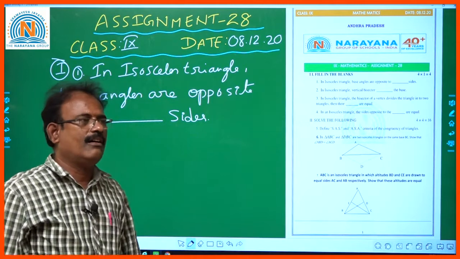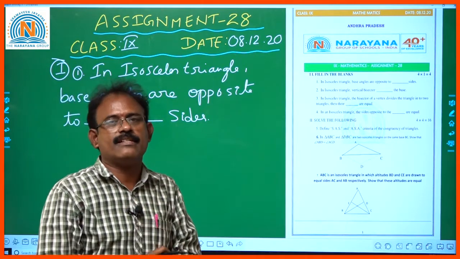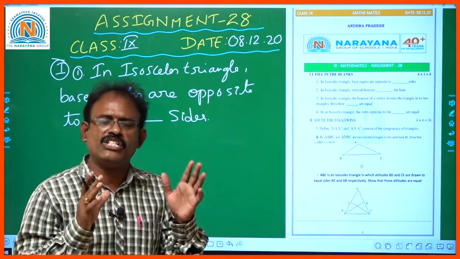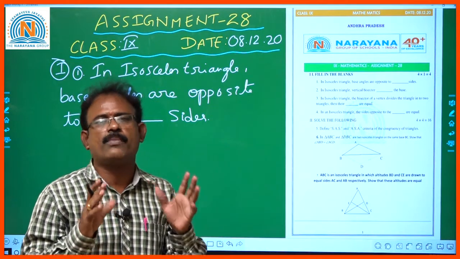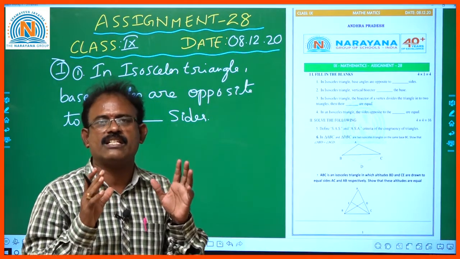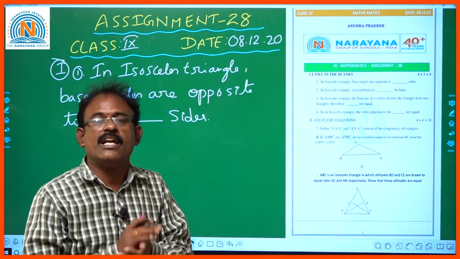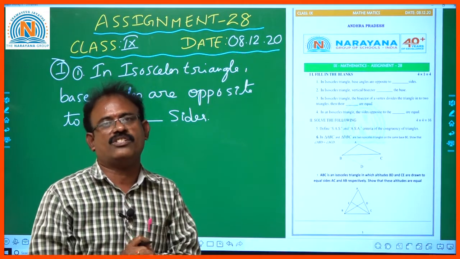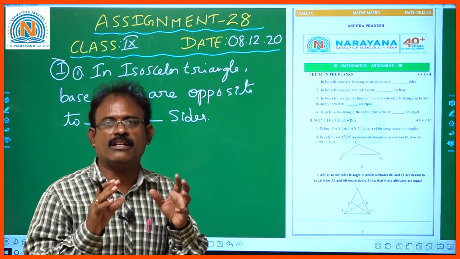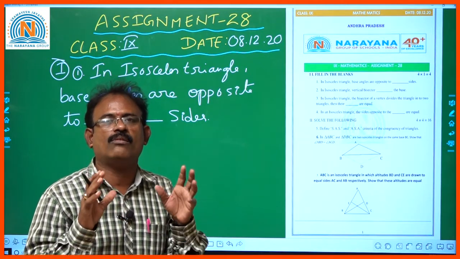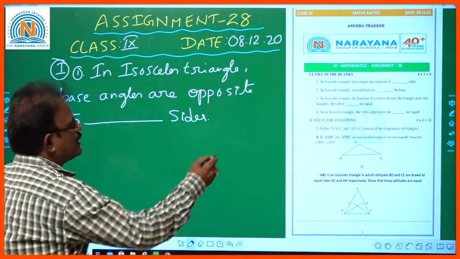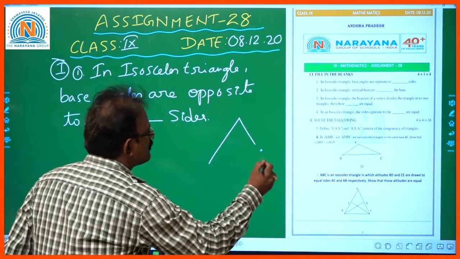Children, my sincere advice is whenever you are approaching any geometrical bits and theoretical parts of objective questions in mathematics, a diagrammatic approach is especially important, children. When you understand diagrams, it is easier to conclude the answer.